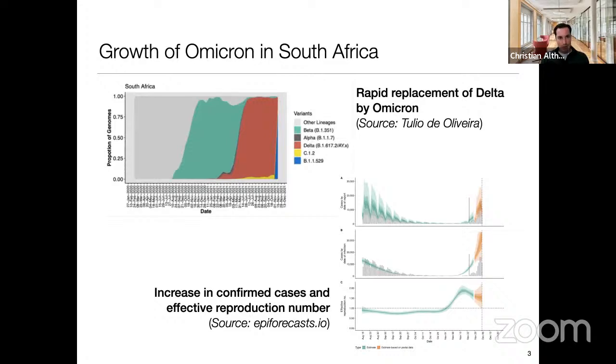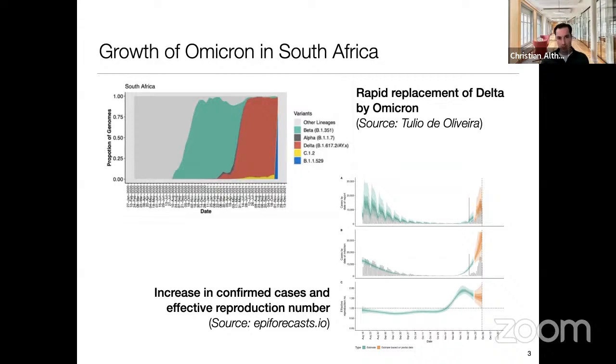So let's look at the growth of Omicron in South Africa and maybe more specifically in the province of Gauteng in South Africa. 2 weeks ago, colleagues, South African researchers, gave a public online event where they informed the world about the appearance of this new SARS-CoV-2 variant in South Africa and neighboring countries.